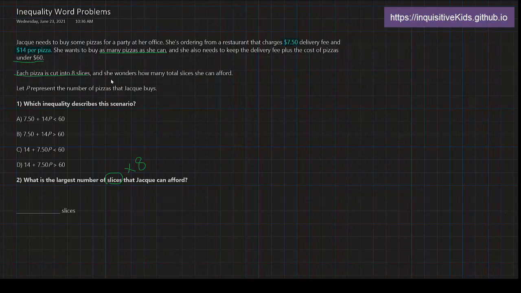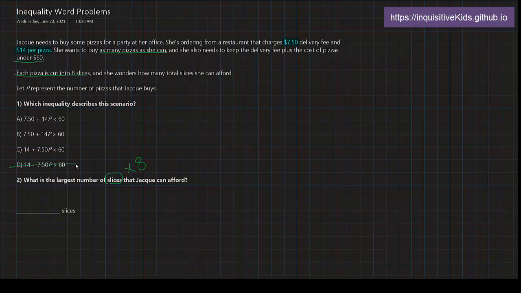So P is representing the number of pizzas that Jacque buys, and what inequality describes the scenario? Okay, so she has to keep the money that she spends on the pizzas and the delivery fee under $60. So that's less than $60.